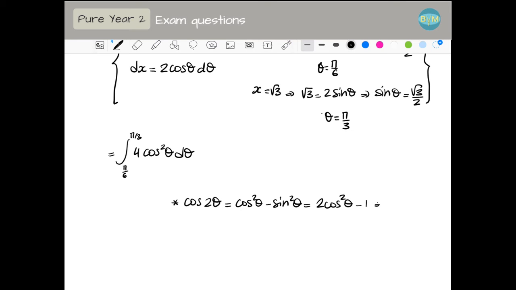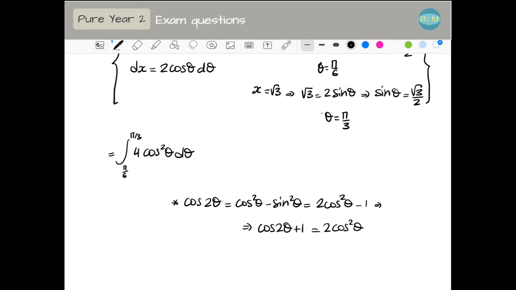From here I can say that cos 2 theta plus 1 is 2 cos squared theta. I could divide by 2 if I just wanted cos squared, but in this case it's convenient because I have 4. And this is how I integrate cos squared.